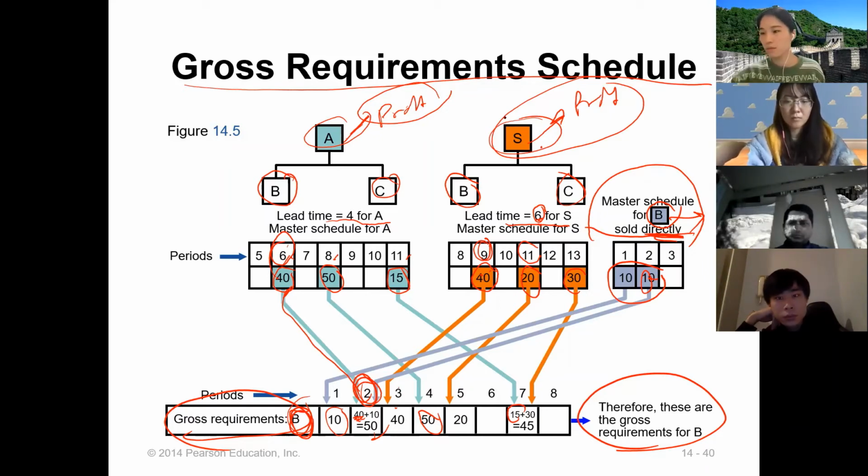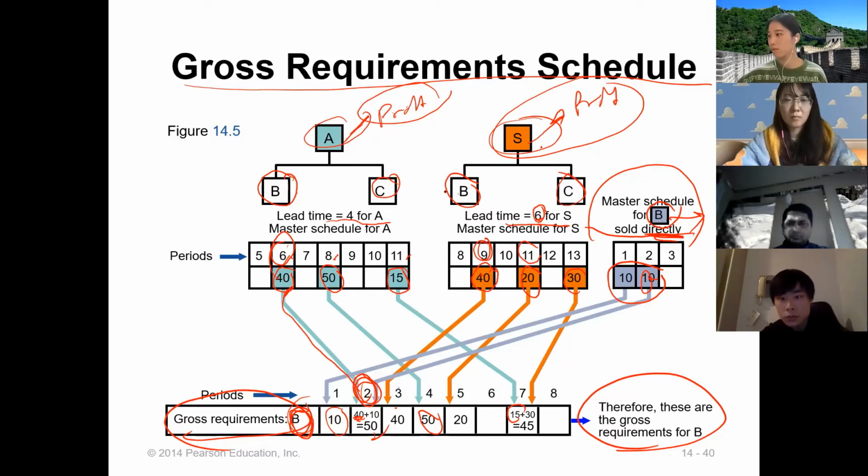Now, if B is the steering wheel, and they use the same steering wheel on 4-door and 2-door, so B is required on both products. Correct. Just understand that there are components which are the same and required for both products.